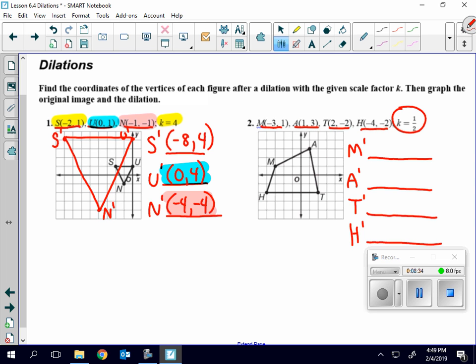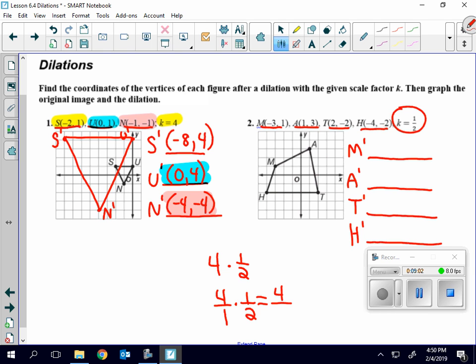Let me explain one thing first that might help you. If I were to multiply a number times 1/2, let's just pick a number for a second. You don't have to write this down, just pay attention. If I were to multiply 4 times 1/2, well, what would you do? I would write this as 4 over 1 times 1 over 2. I'm not changing anything. I just put a 1 underneath the 4 that kept it the same. And I multiply across the top. 4 times 1 is 4.